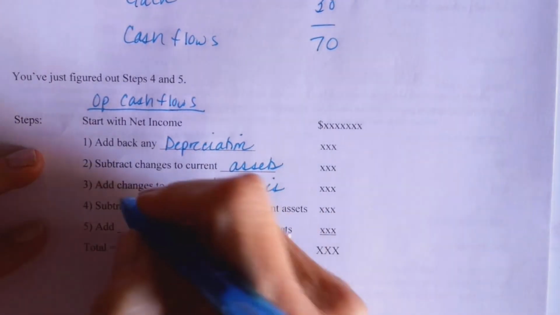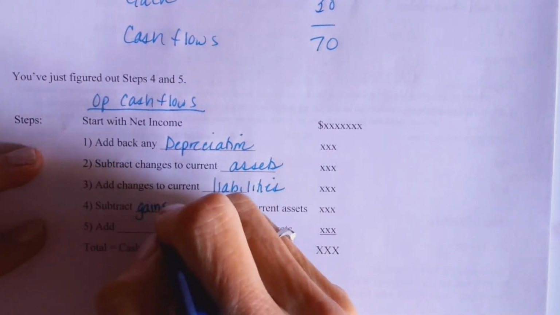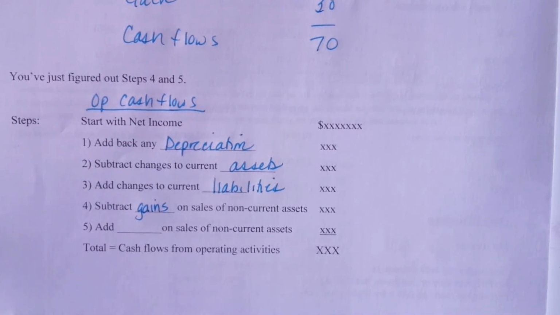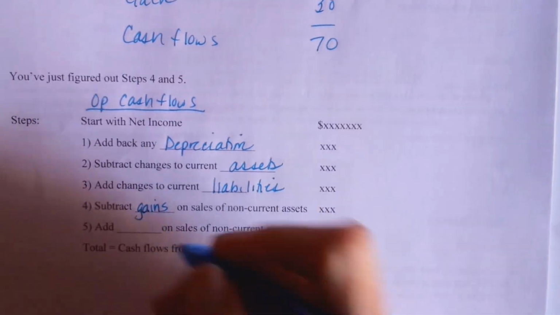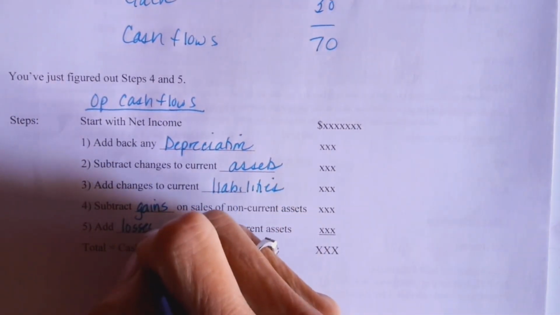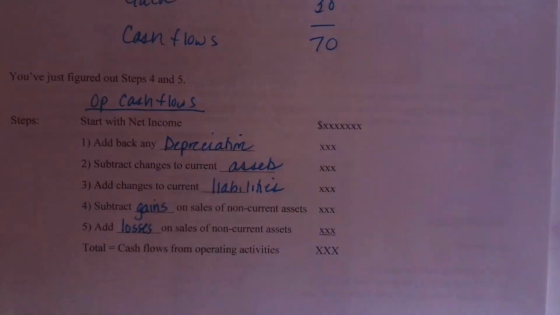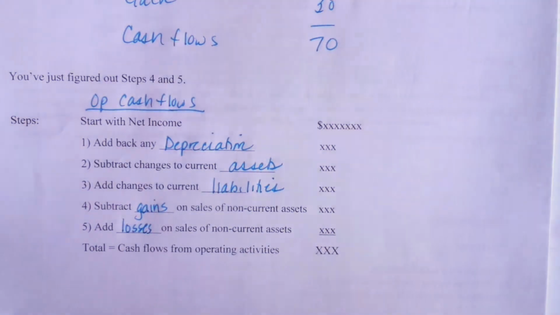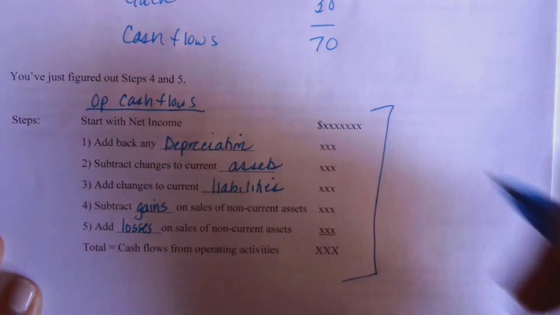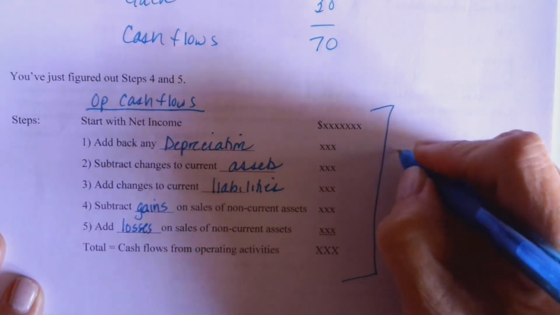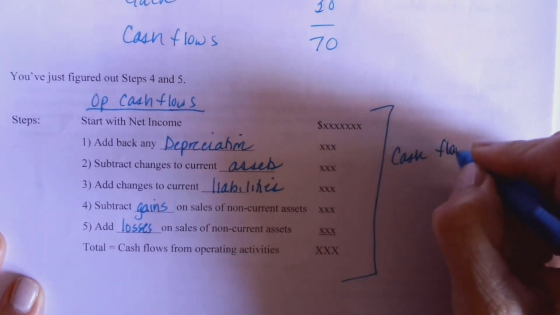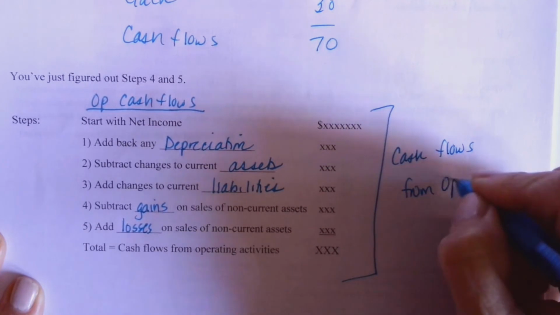So we're going to subtract any gains and then we're going to add back if we had any losses, just to remove that impact on net income. Okay, so these are the steps to figuring out cash flows from operating activities.